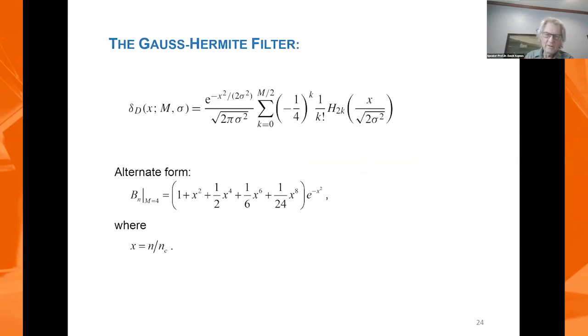What they should have done, which is indicated on the bottom down here, is take that expression under alternate form and go all the way to the right. This is e to the minus x squared, and everybody knows that. That's just a plain old Gaussian. And look at the power series expansion multiplying that. Those of you who are still with me here will recognize that as the first 5 terms of the power series expansion of e to the plus x squared.